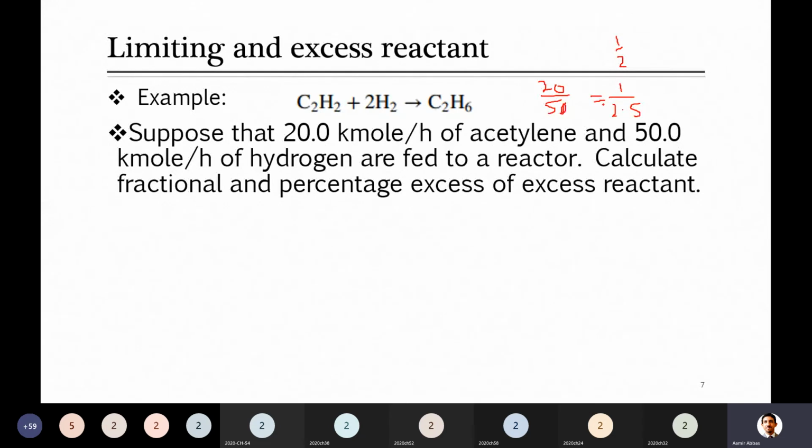So this is 1/2.5, and this is 2, don't consider it 1. Now just compare it with the stoichiometric ratio. It should be 2, but it is 2.5. It is more than the stoichiometric. So in this case, the denominator side, which is hydrogen, is in excess. Understand this? If anyone has any confusion here, let me know. But I think it's straightforward.